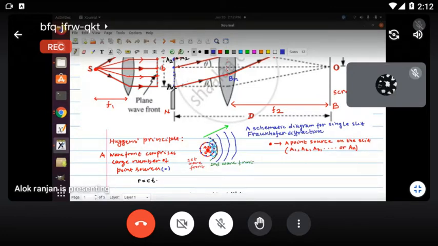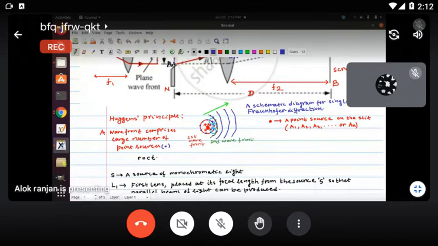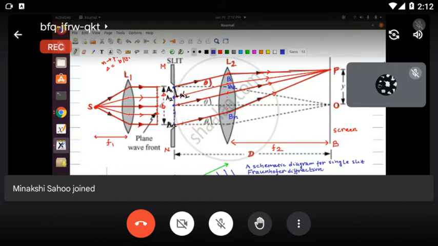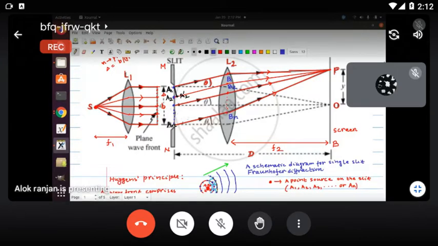So we have a plane wavefront, and as per Huygens principle, it must have a very large number of point sources. Okay, so now this is a schematic diagram, right? Actually, this slit is very small compared to the dimension of the lens L1.